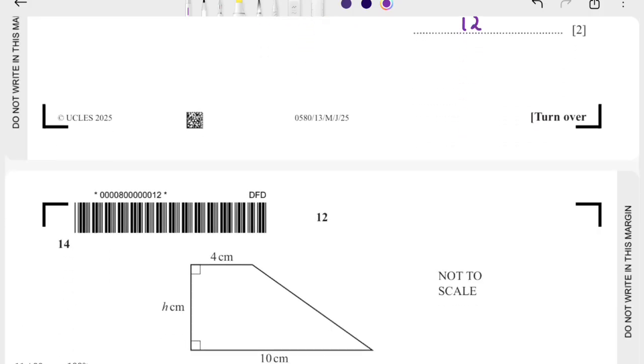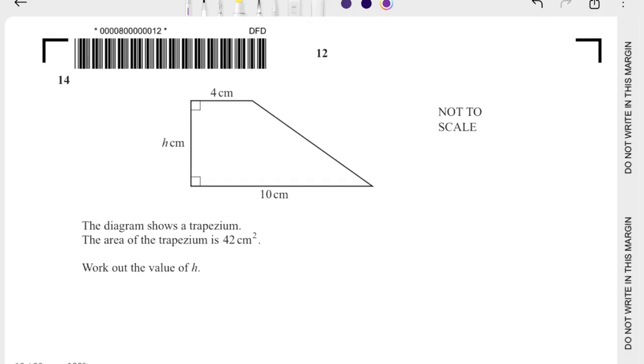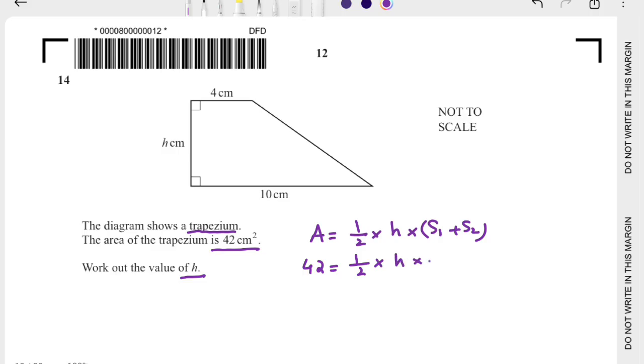Next question. The diagram shows a trapezium. The area of the trapezium is 42 centimeters square. Work out the value of h. We know that the area of a trapezium is equal to 1 over 2 times perpendicular height times the sum of parallel sides. We'll substitute the values. 42 is equal to 1 over 2, height we have to find out. One parallel side is 4 and the other parallel side is 10.